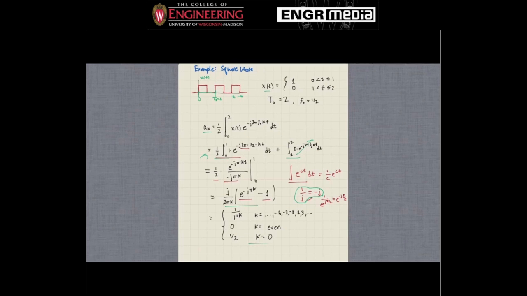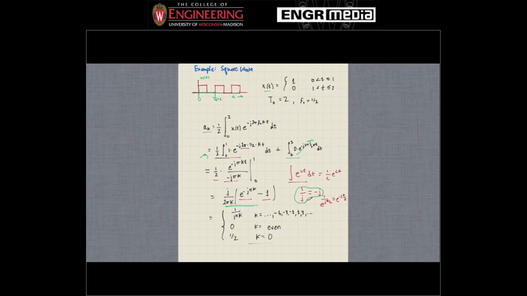Okay, and here we can see if k is an even number, just in this expression, this ends up being 0, right? Because we have e to the j pi times an even number, and that's always equal to 1, right? So when that's the case, then we have 1 minus 1, and we get a 0.